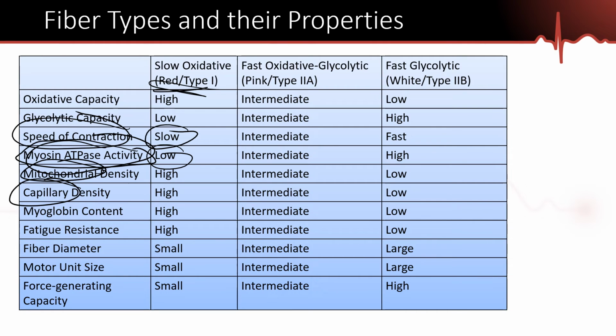So please don't think that this means that these systems are exclusive to fast or slow twitch muscle fibers. That's not how it works, right? It's just that depending upon what the ATP demand is in a faster versus a slower twitch fiber, that's going to dictate which one of these systems is built to be dominant inside of that fiber.